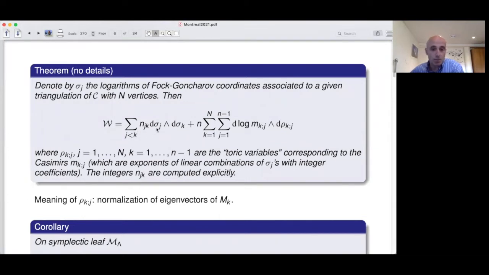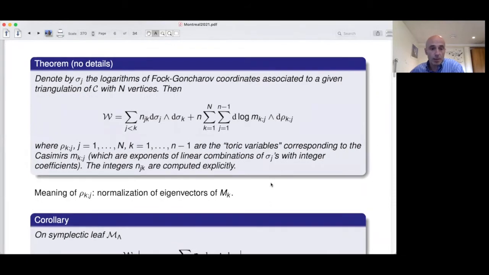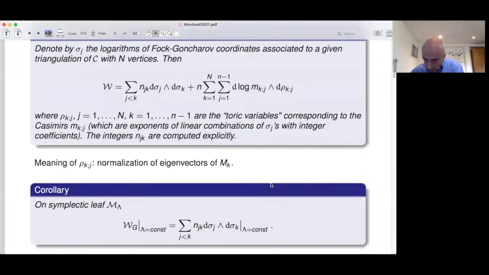So essentially, the sigmas are almost canonical variables for the Goldman form. I'm going to say a little bit more about how to define the sigmas and how to compute these n's explicitly. The corollary of this statement for the extended space is this: the Goldman symplectic form, this big Alexeyev-Malkin expression, can be neatly written in terms of Fock-Goncharov coordinates like that.